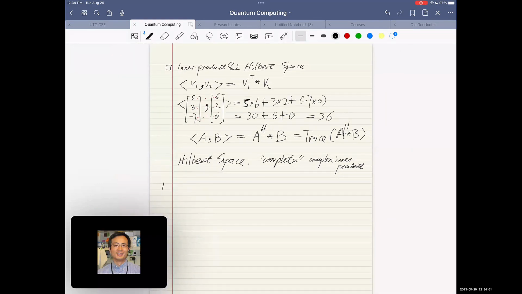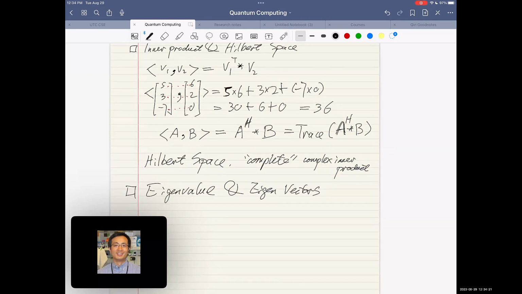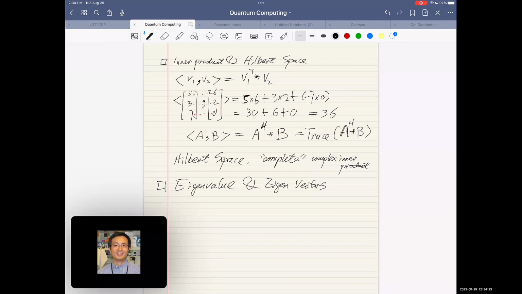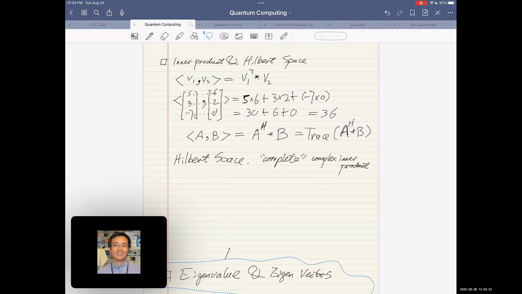The next part of the book may be easier, especially for many of you already using this in signal processing: eigenvalues and eigenvectors. Oh, but on the top part, there's also another definition, distance. Sorry, I forgot to mention that part.